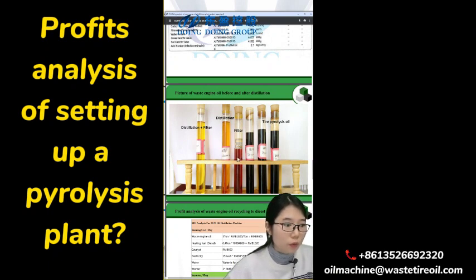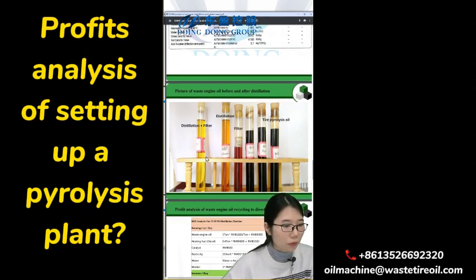Maybe some customer asks, if I just filter the pyrolysis oil, what kind of oil can I get? It will be like this. And if you use our distillation machine, you will get this kind of oil. If you use our distillation machine and the filter, you will get the light yellow oil here.